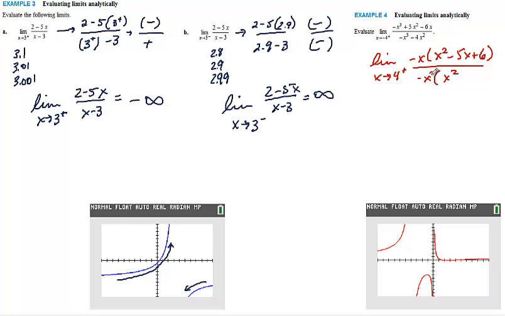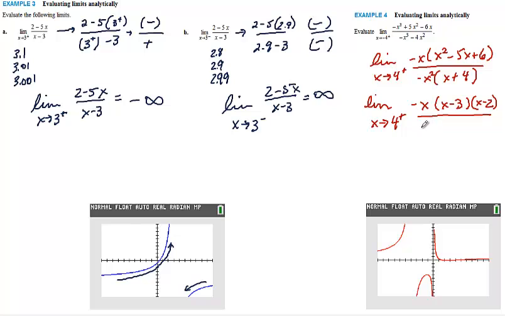Ooh, I can take out an x squared. And then that would leave me with just plain old plus 4. Perfect. Keep factoring. It just makes getting your signs a little bit easier. Minus x times x minus 3, x minus 2.